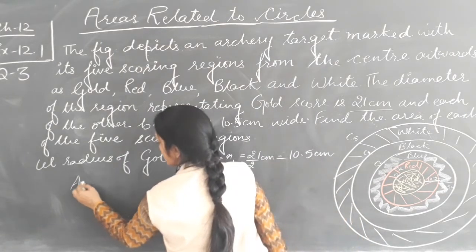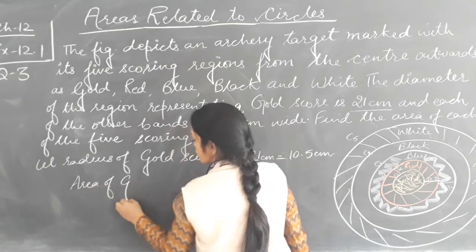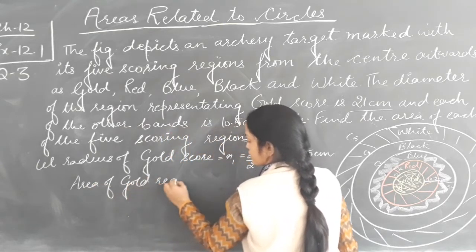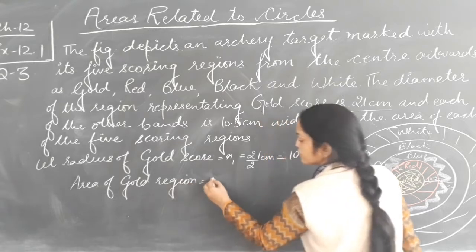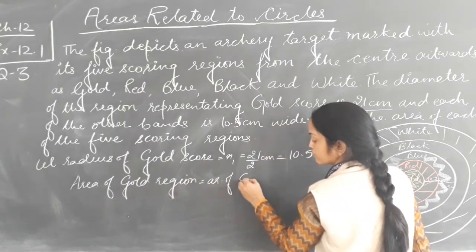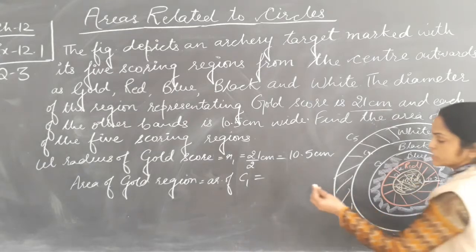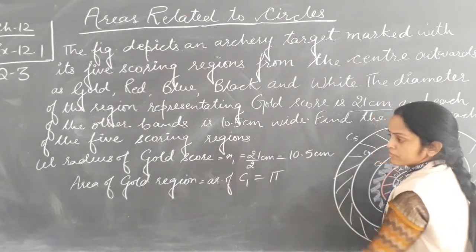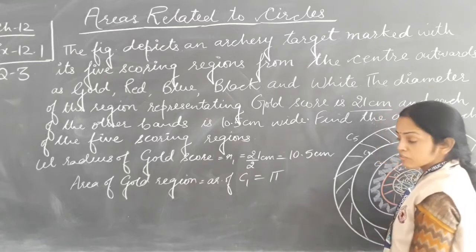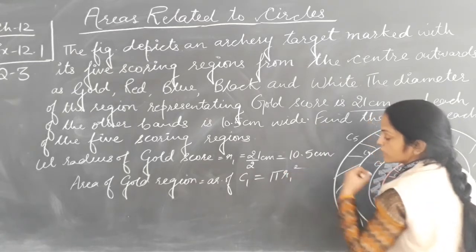So area of gold region, or we can also say that area of C1 because we have labeled it as C1. So its area is pi r square. But radius you have labeled as R1, so pi R1 square.